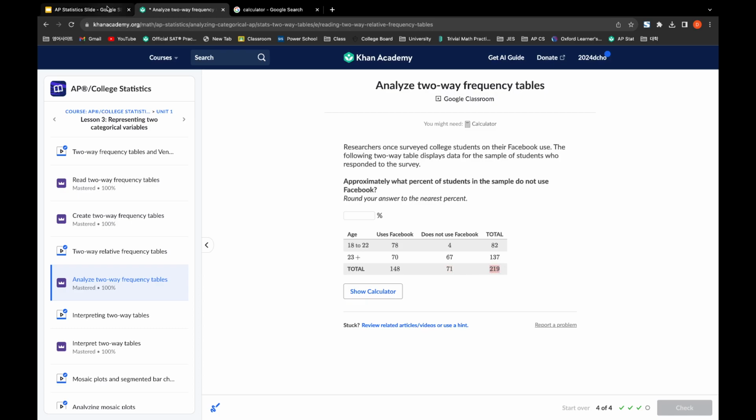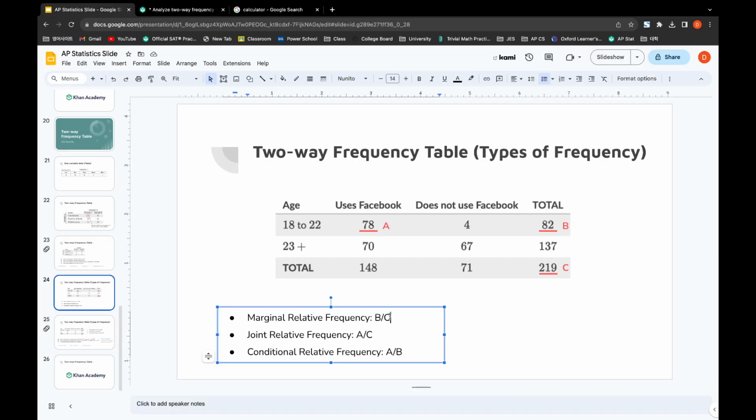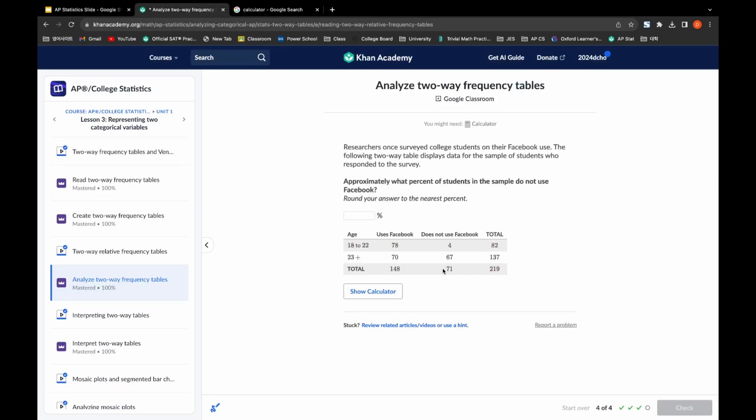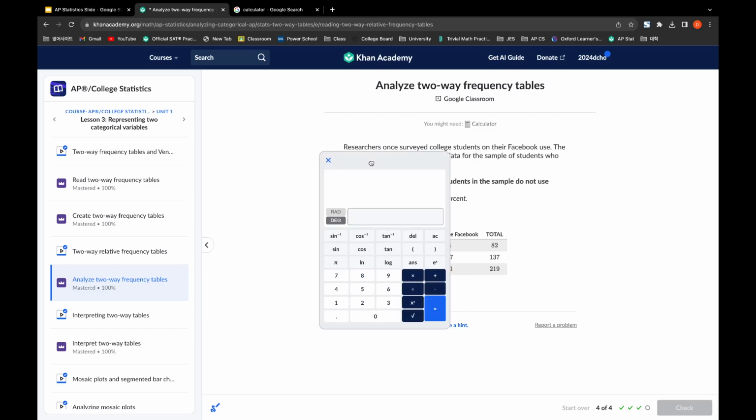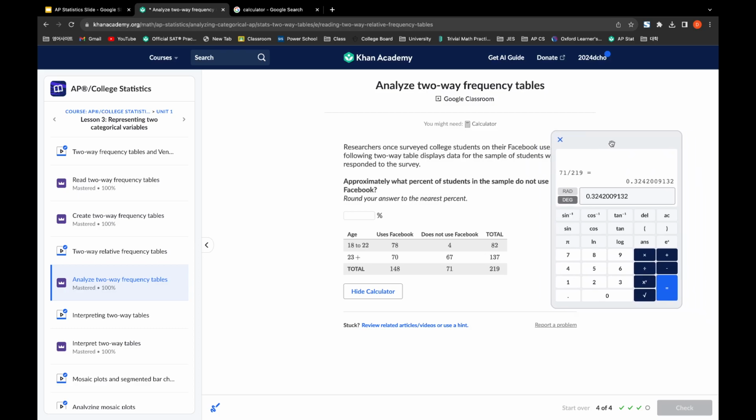And the type of two-way frequency was marginal relative frequency in this case. So if we divide 71 by 219, which is around 32%.